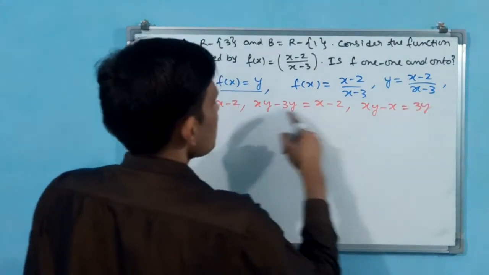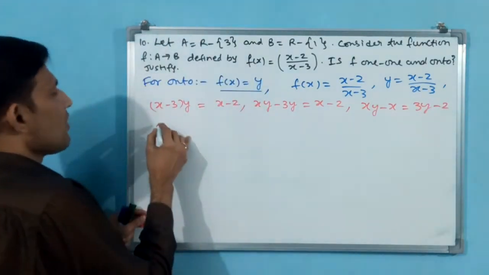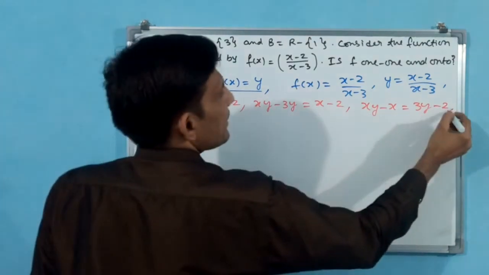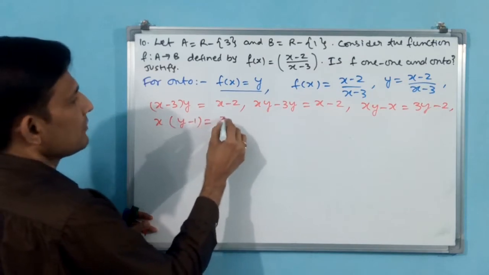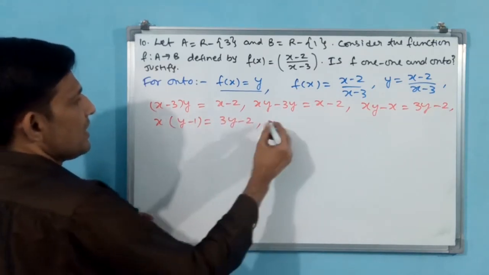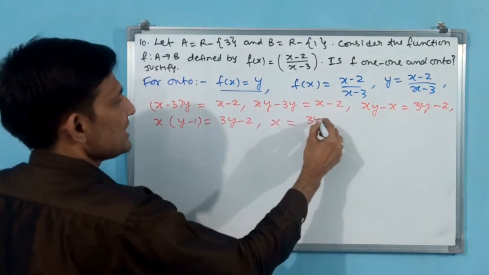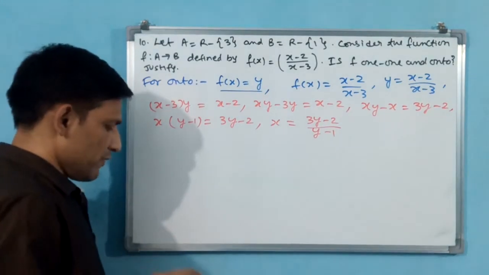That side if it goes, 3y positive, 3y minus 2. Now what you have to do? Take x common. x if you take common, y minus 1 will come. That side 3y minus 2. Now x is equal to 3y minus 2 by y minus 1. This you keep in box.